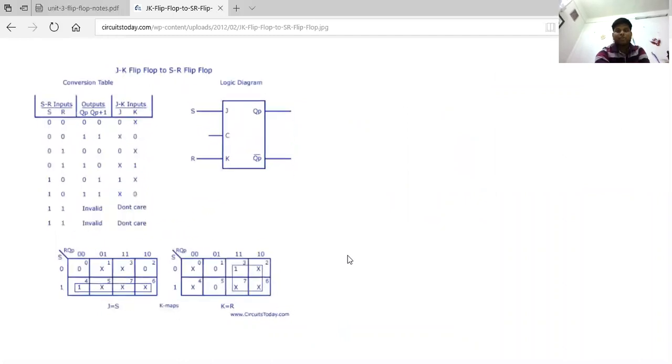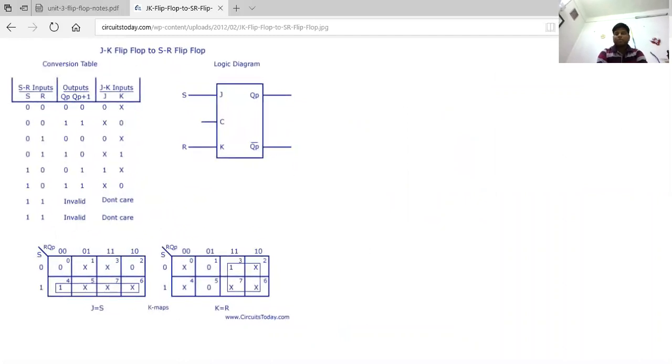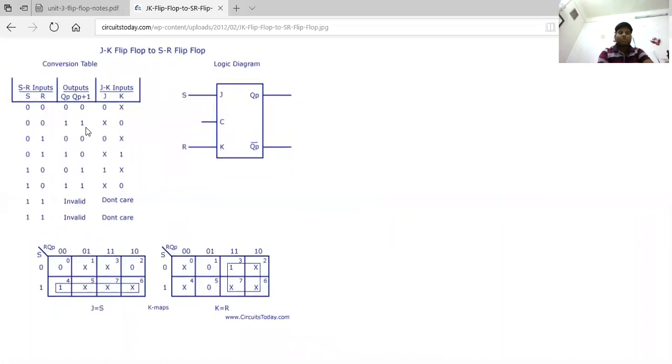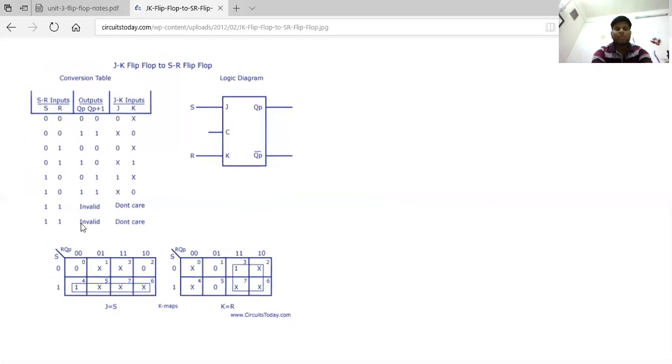When present state 0 and next state 0, JK is 0 cross, and so on: 0 cross, 1 0, cross 1, 0 1, 1 cross, and 1 1 cross 0. In the invalid state, we have to use the don't care condition.